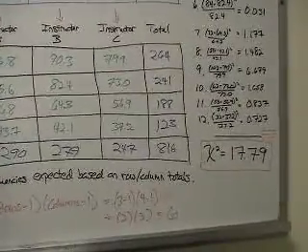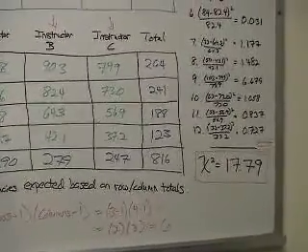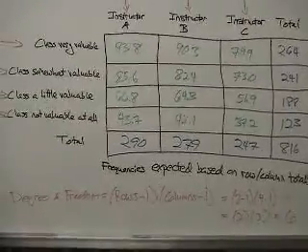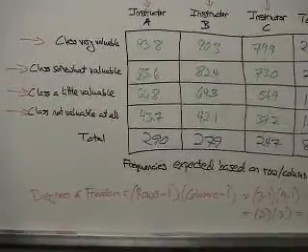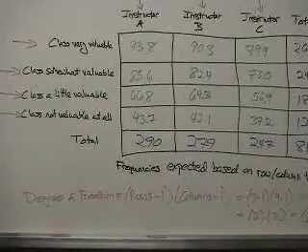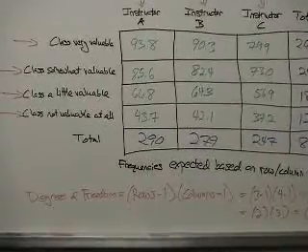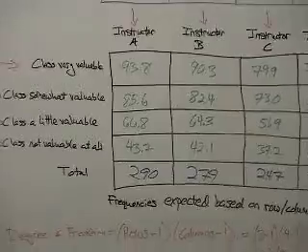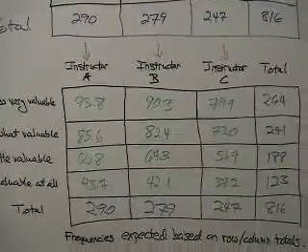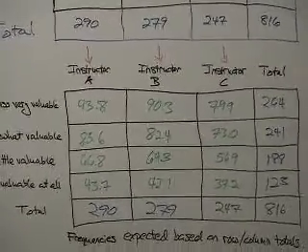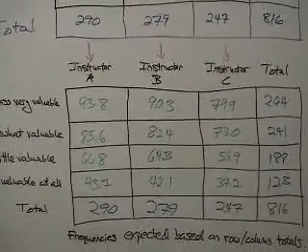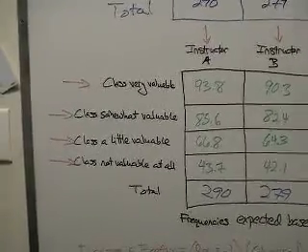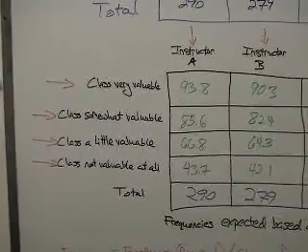Now that we have our chi-square figure, we have to figure out our degrees of freedom. To calculate the degrees of freedom for the chi-square problem, you take the number of your rows and subtract 1 and multiply it by your number of columns and subtract 1. Now for this problem, we only have 3 columns. The total does not count. Likewise, the total does not count for your rows.